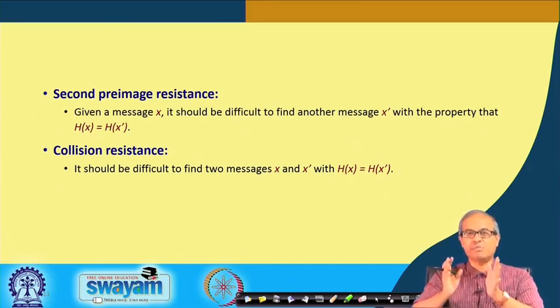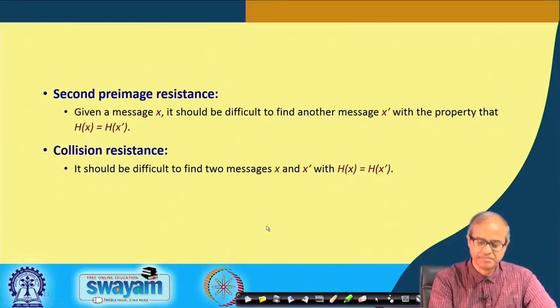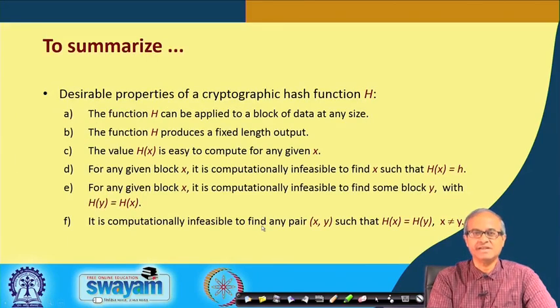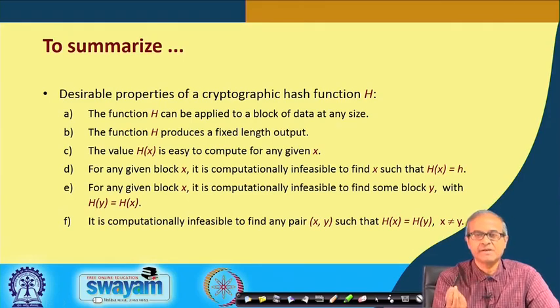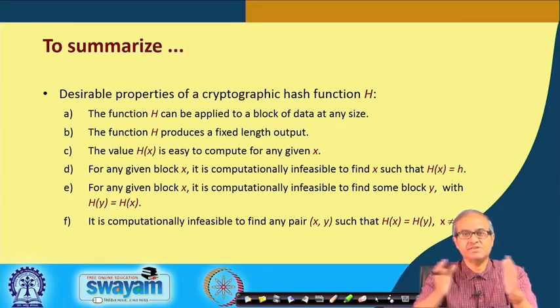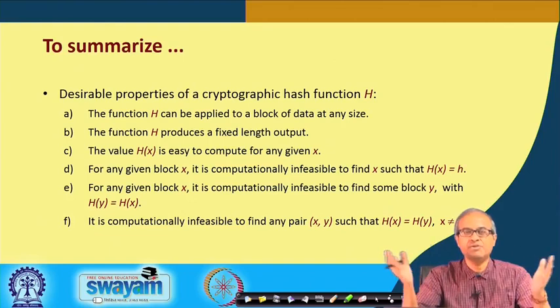So, if all these properties hold, then you say that the hash function is good, and I can use it for a real cryptographic security application. Okay. Just to summarize, these are the desirable properties of a hash function h. The first thing is that h should be applicable to a message of arbitrary size, of course not arbitrarily long, there is an upper limit, but that upper limit should be very large.